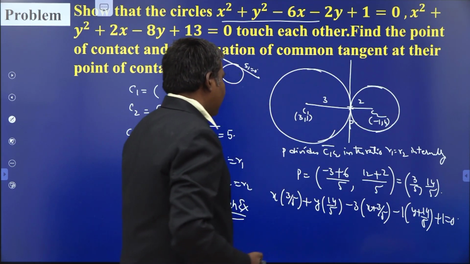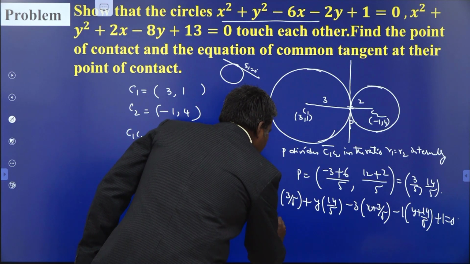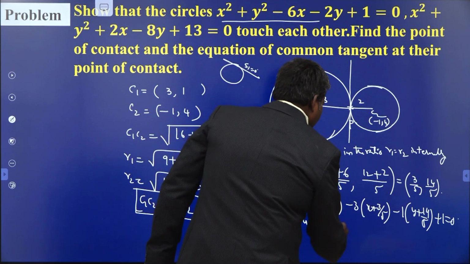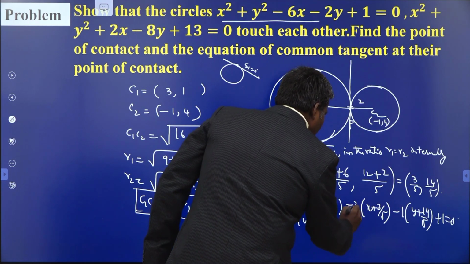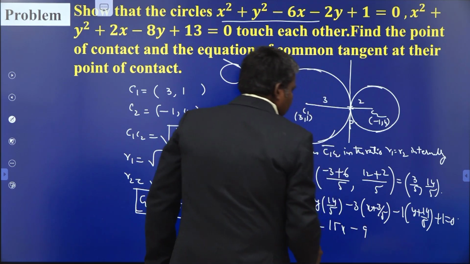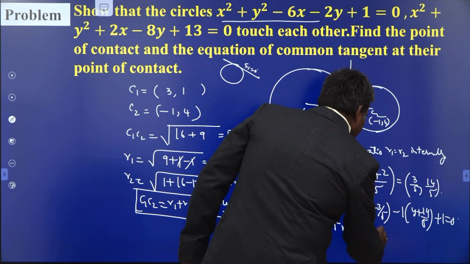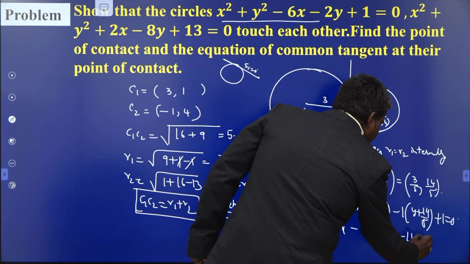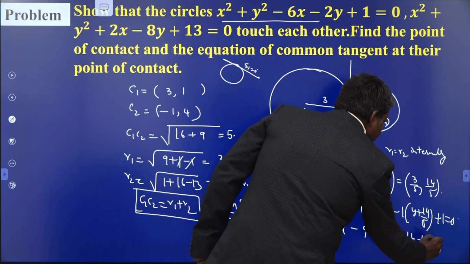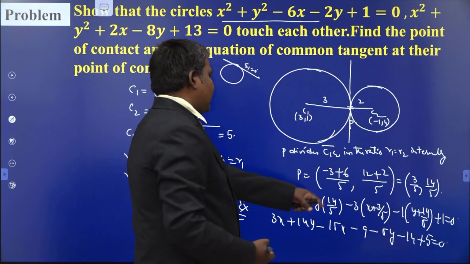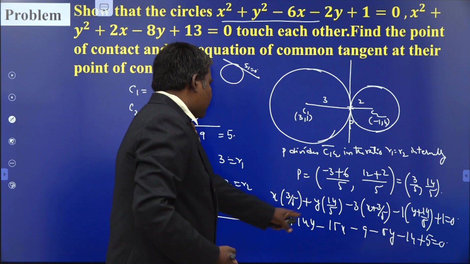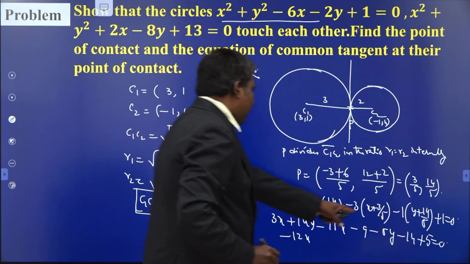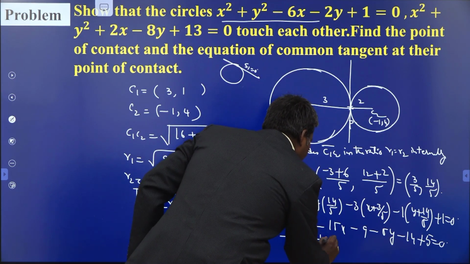So take 5 as LCM, we have 3x plus 14y minus 15x, minus 9, again minus 5y, and minus 14 plus 5. 3x minus 15x, we have minus 12x; 14y minus 5y, that is plus 9y.